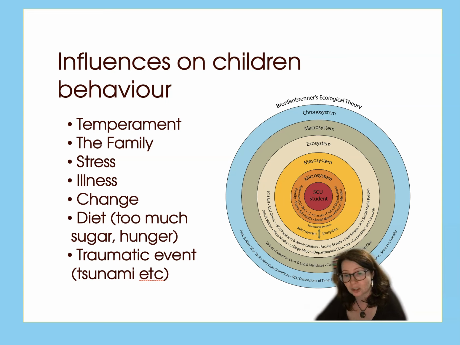For example, when children move from one country to another, from one school to another, from one early childhood center to another. Also, if there are changes in the family, again, as you can see here, Bronfenbrenner pretty much reflected it all. If father lost their job or mother is experiencing depression symptoms, the child's behavior will certainly change. Diet.